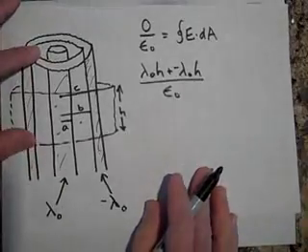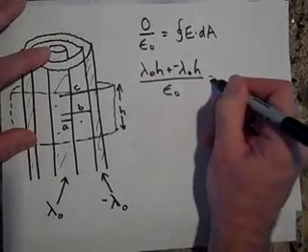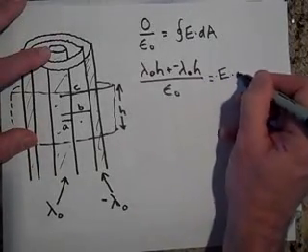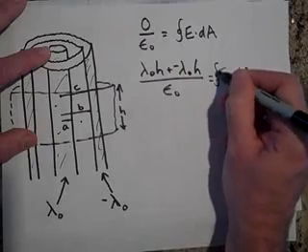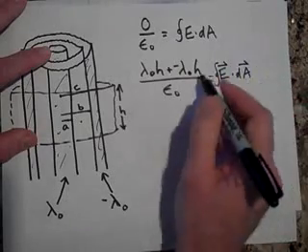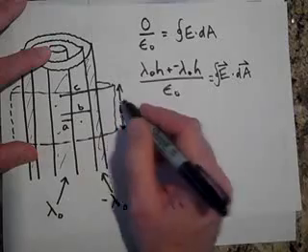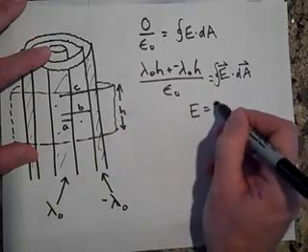See how that adds up to 0? That equals the closed surface integral of E dot dA. Well, if that's 0, then the electric field outside is 0.